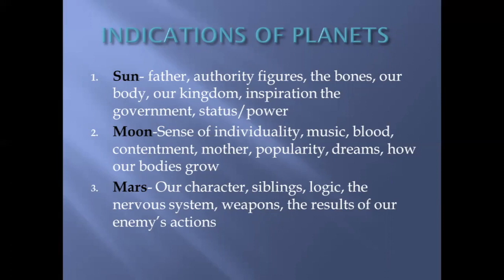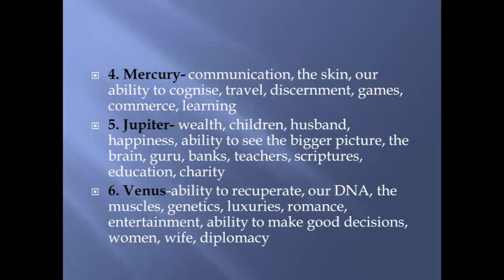Mars is our character, our siblings, logic, the nervous system, weapons, the results of our enemies' actions, the action that we take. Mercury represents communication, the skin, our ability to cognize, travel, discernment, games, commerce, learning, ability for research as well.